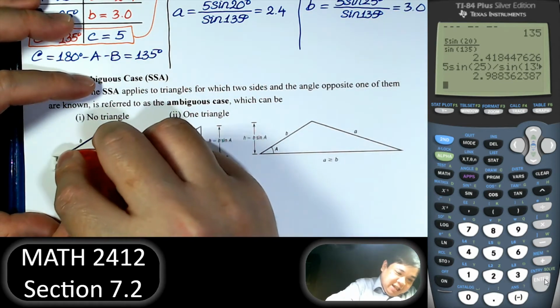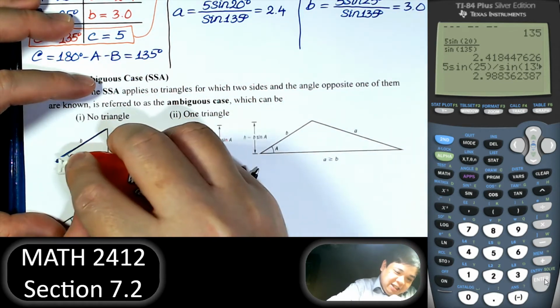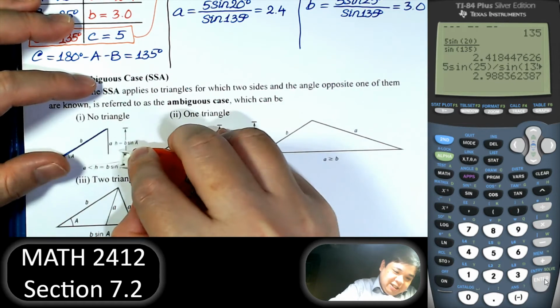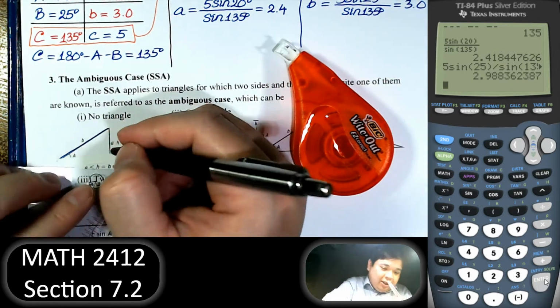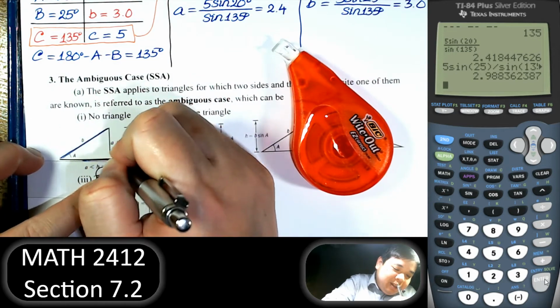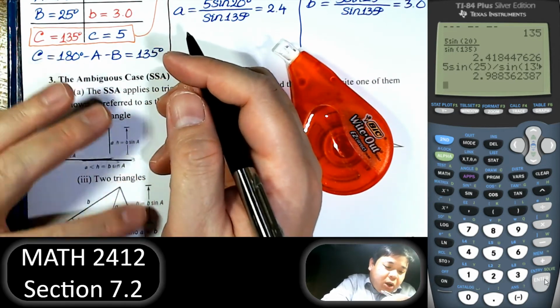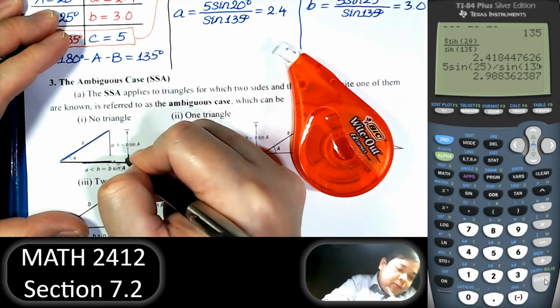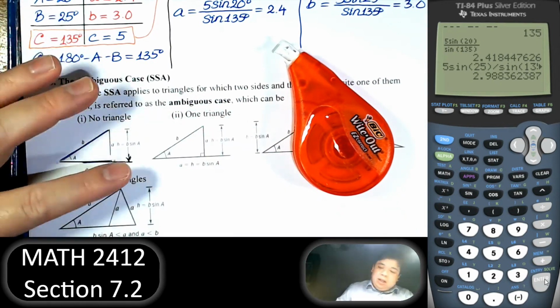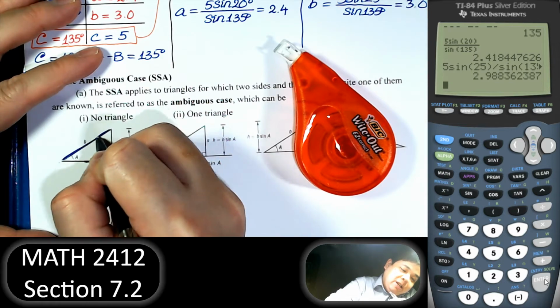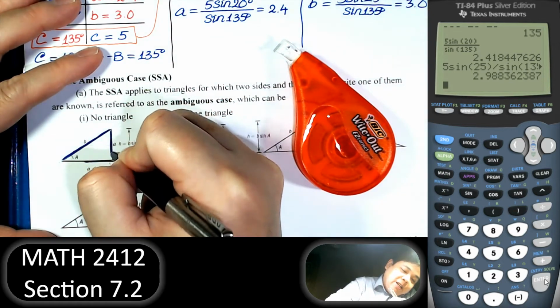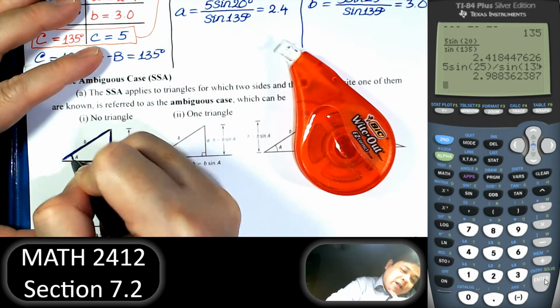Sorry, didn't read. So we have side B, side A, and angle A.